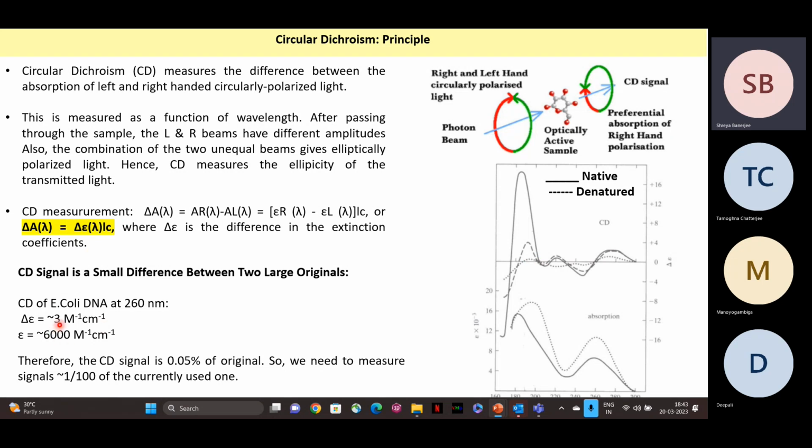Delta epsilon is only 3 mole inverse centimeter inverse, but epsilon is 6,000 mole inverse centimeter inverse. So the CD signal difference is very small, but in the original absorption spectra, the intensity is very high. In CD, the intensity of the signal is around 0.05% of the original absorption spectra. So we need very sensitive spectrophotometers to measure the CD spectrum.